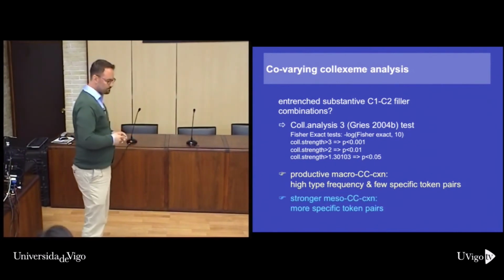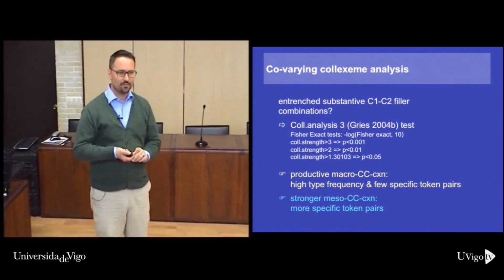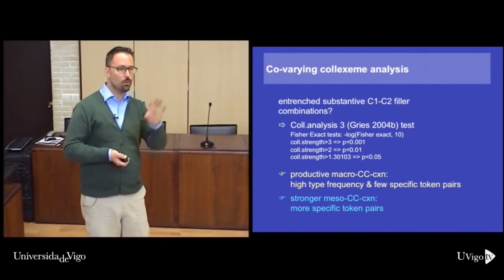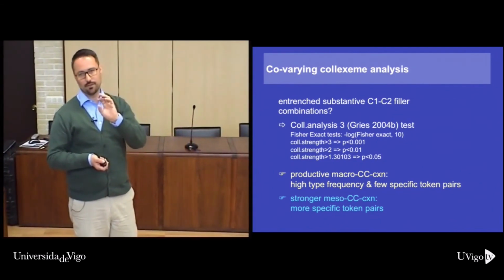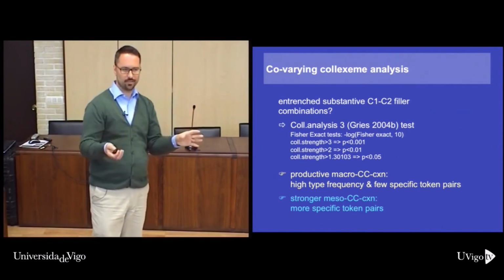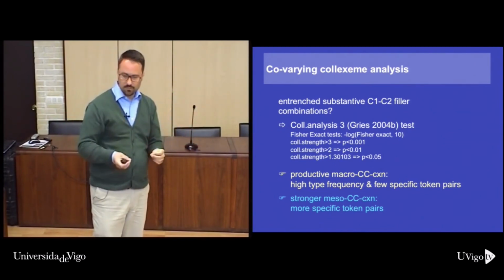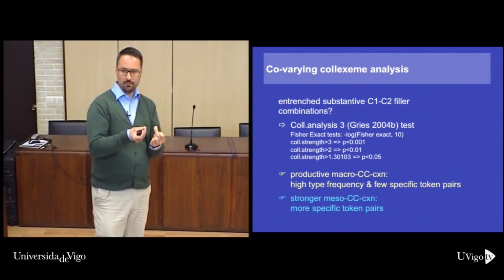And my idea was, if the statistics now identify pairs for a specific variety, like the more, the bigger, the better, the nicer, the more expensive, whatever a variety might entrench. If you get many of these mesoconstructions, that's closer to the nativization stage. Okay?